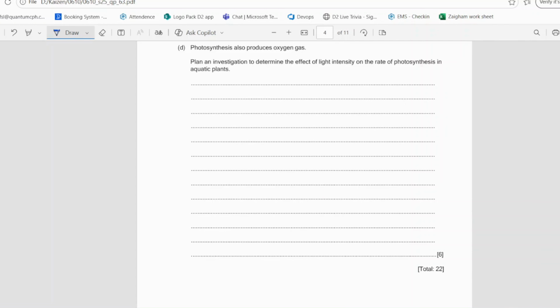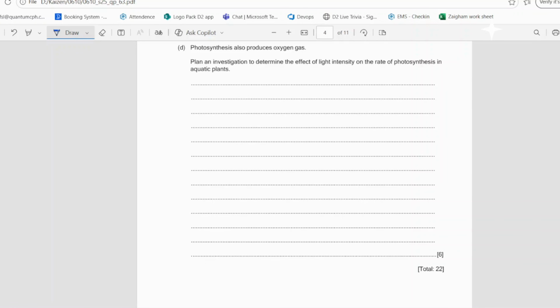Exactly. Correct. Okay. Correct. So the method is, the light intensity would be changed by changing the distance of the lamp from the test tube.